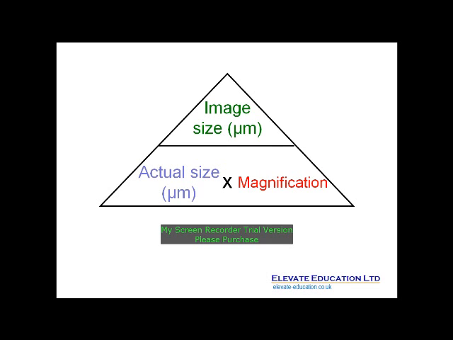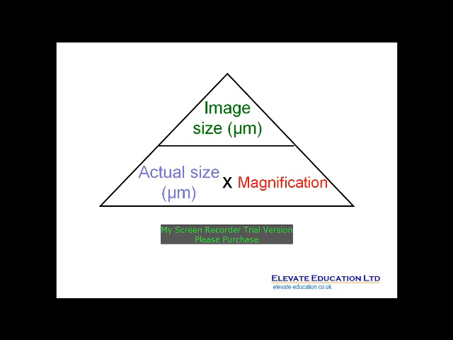In contrast, actual size is a measure of how large or how big something is in the real world. So if we're thinking about a cell, the actual size of the cell is how big the cell really is. Magnification is a term that refers to how much larger an image size is than the actual size. How many times the image has been enlarged.